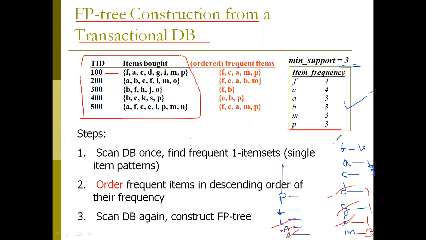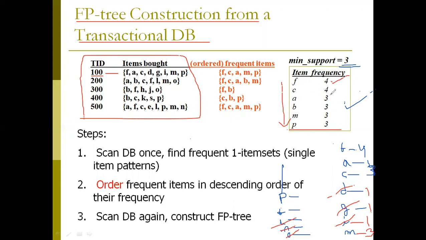Then what we have to do? First of all, after taking all the values, arrange these items in descending order, which means the item whose support count is greater is represented in the first position, and like that. This is 4, 4, 3, 3, 3, like that. You need to arrange all the items based on their support count in descending order.